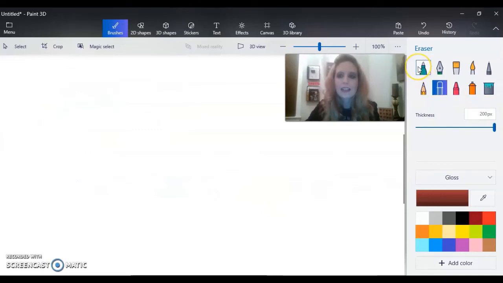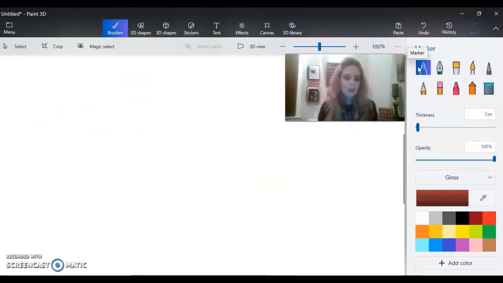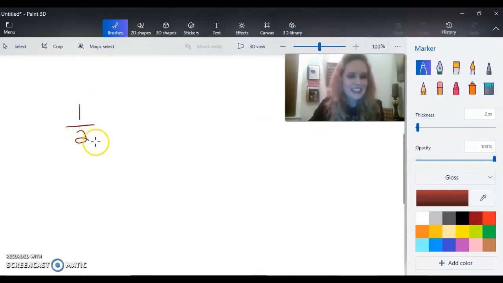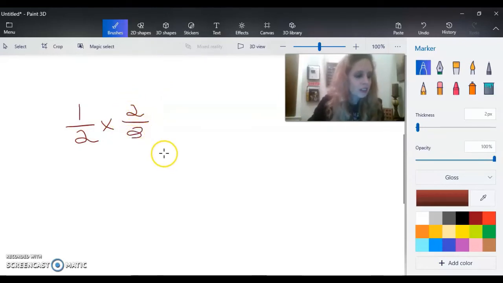All right. Let's take a look in your book, page 187. Let's look under class practice on 1A. That is actually the exact same thing we just did. Let's just go ahead and do it again though. So that was 1/2 times 2/3.